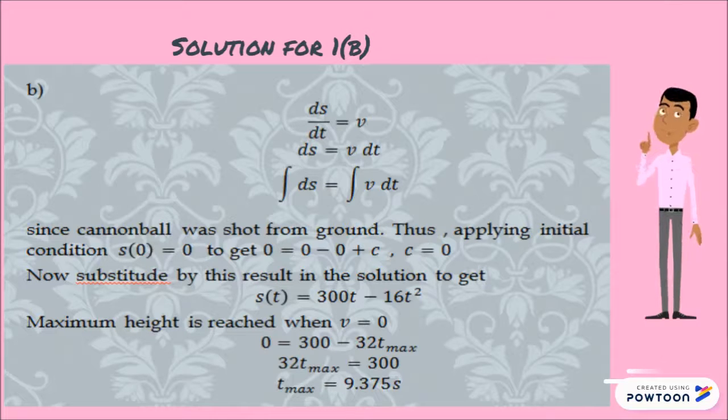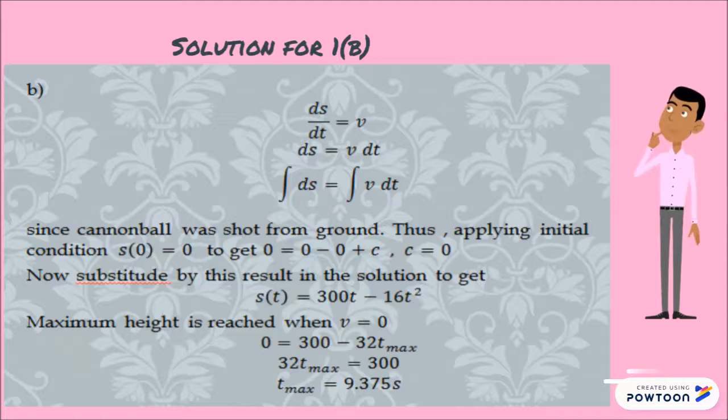Since the cannonball was shot from the ground, applying the initial condition s(0) equals 0, we get 0 equals 0 minus 0 plus c, therefore c equals 0. Now substitute this result in the solution to get s(t) equals 300t minus 16t squared.